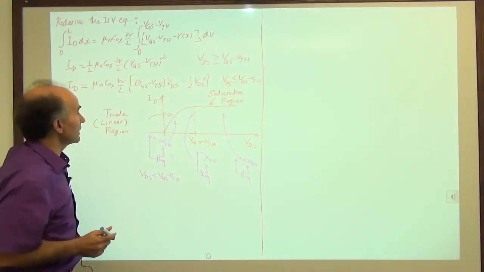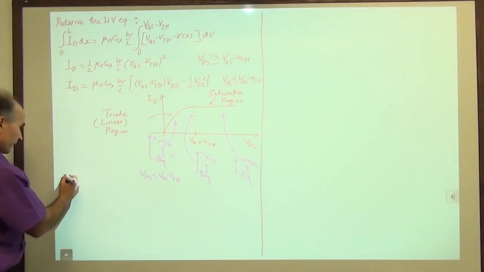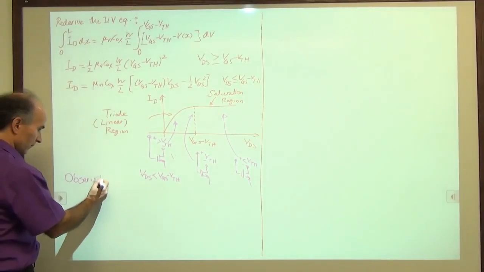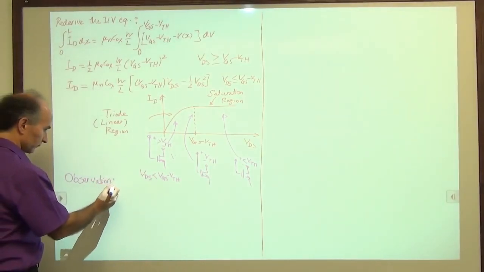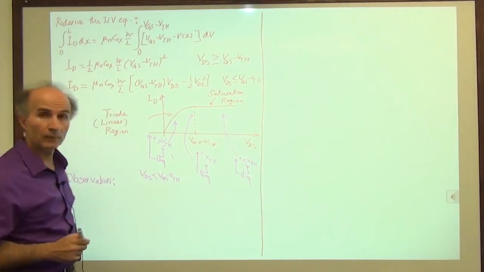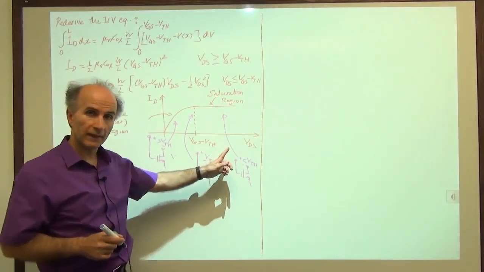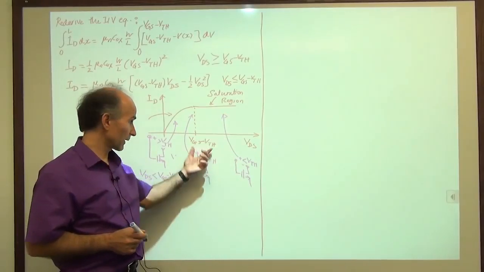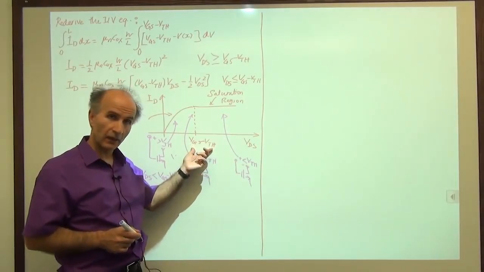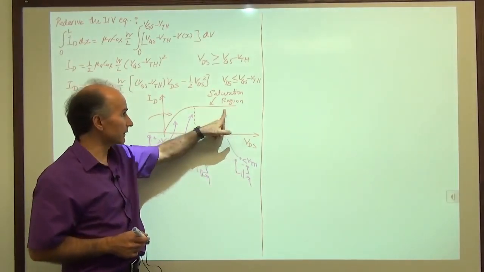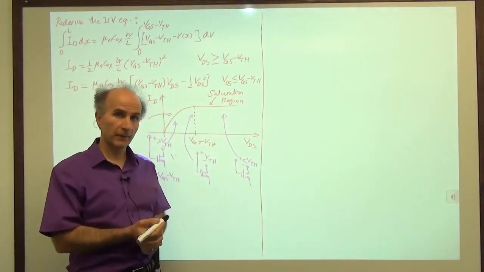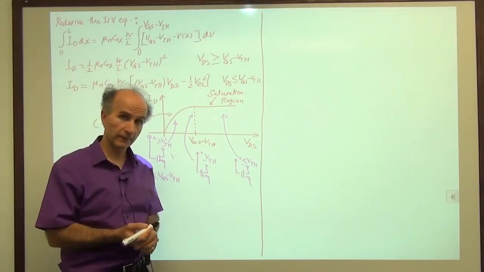All right, so let's make an interesting observation. We realize that if VDS of the MOS device is large enough, meaning more than one overdrive, then the current is constant. Does this remind us of something from basic circuit theory?